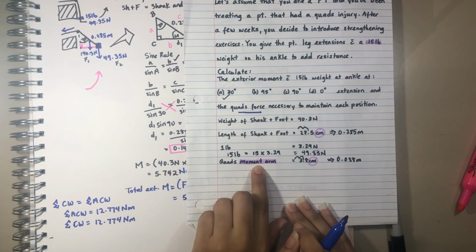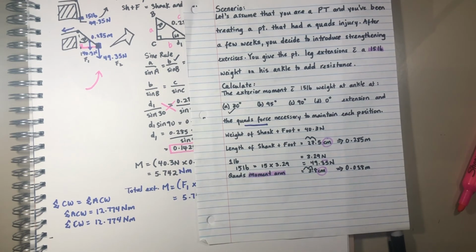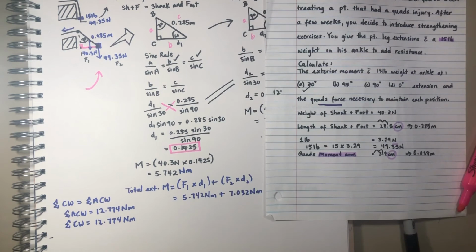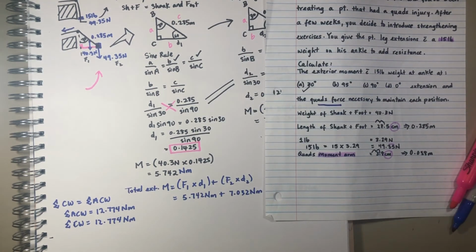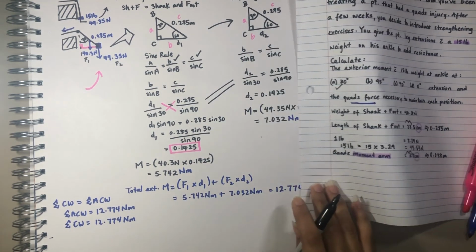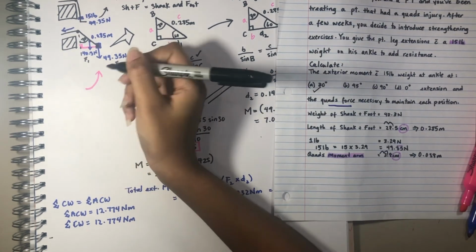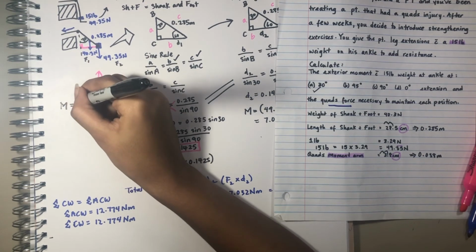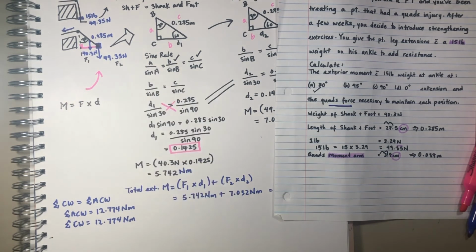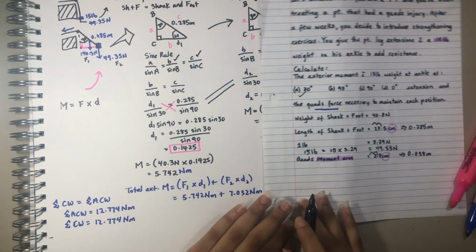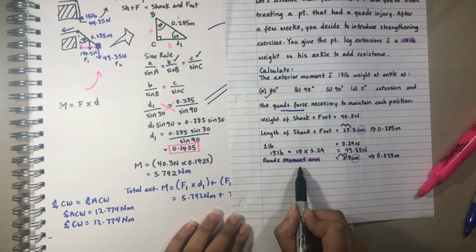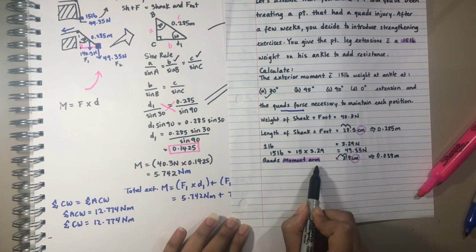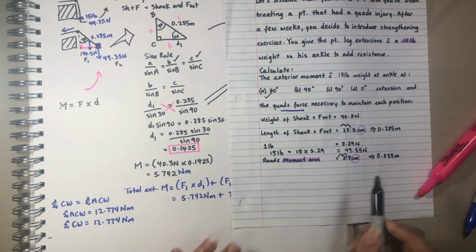Now they gave us the quads moment arm, and now they want us to find the force. So we know that the principle of moments states that the moment is the product of the force by the perpendicular distance from the point, right? So they gave us the perpendicular distance, the moment arm, of the quad.